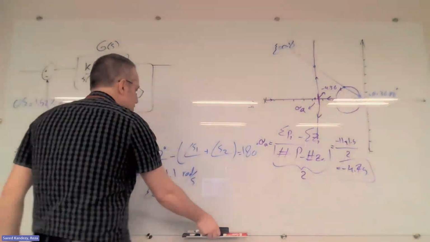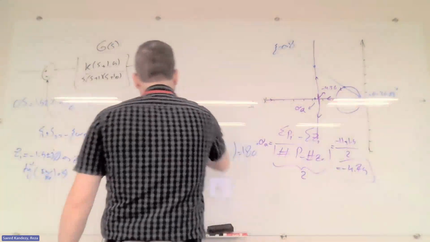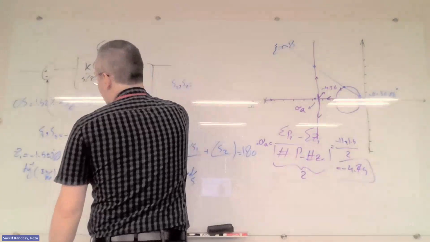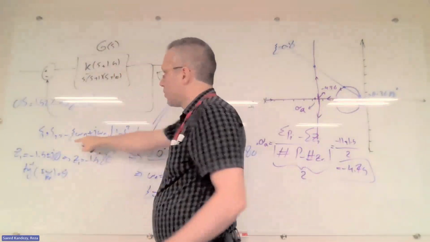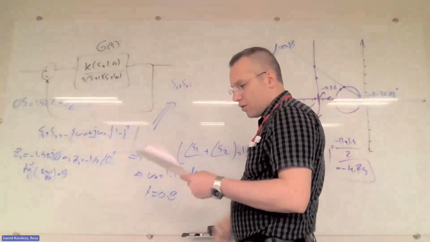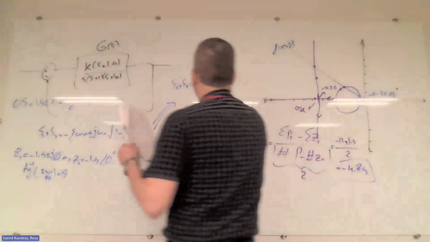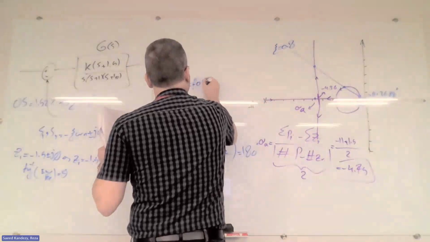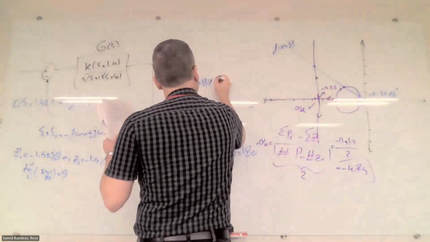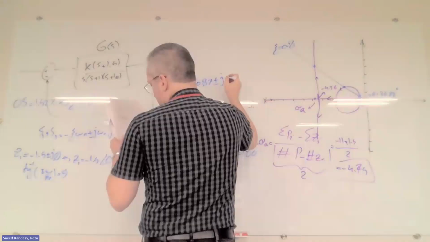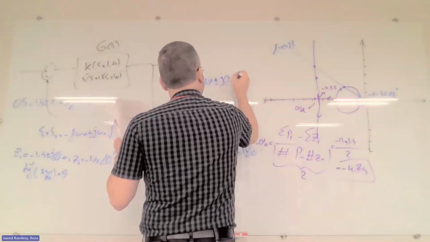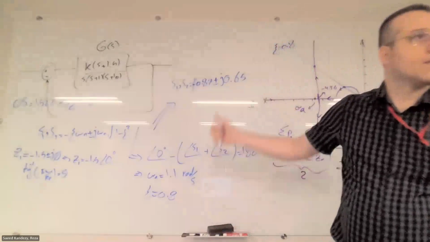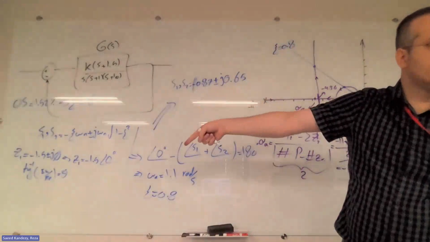So based on these values, our S1 and S2 are going to be minus 0.8 times that omega n, which is minus 0.87 plus minus j 0.65.